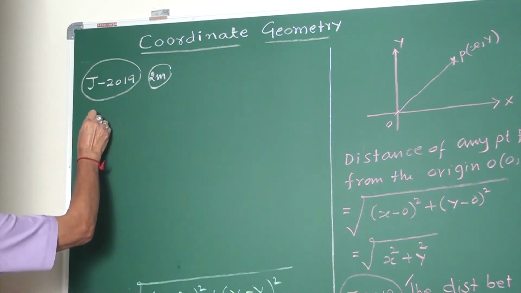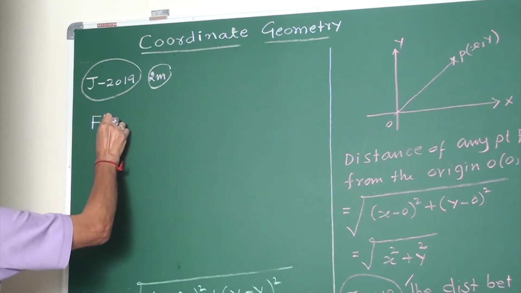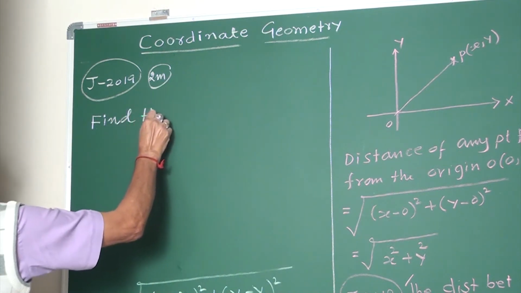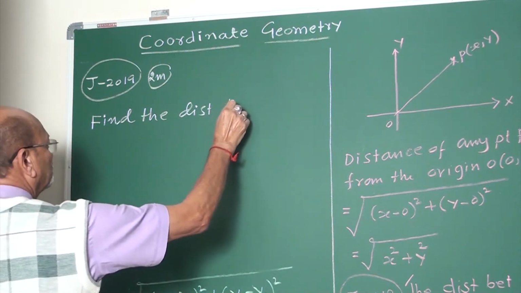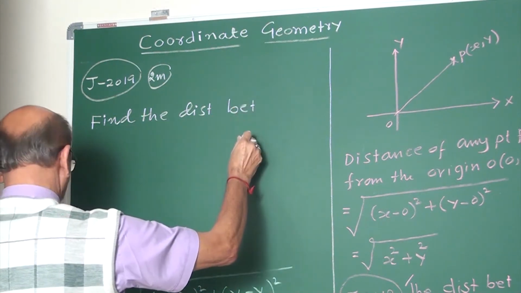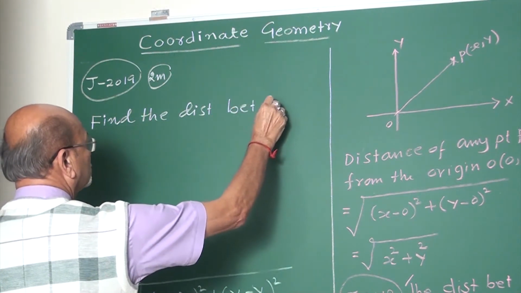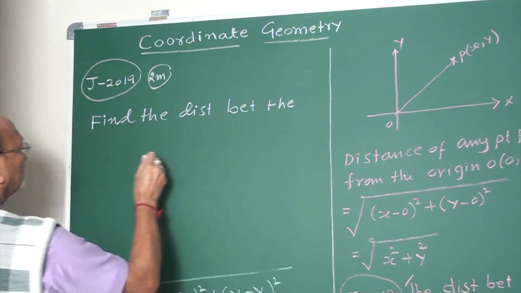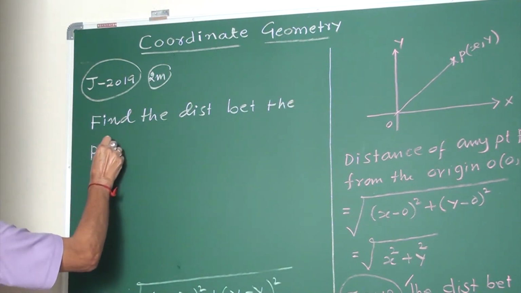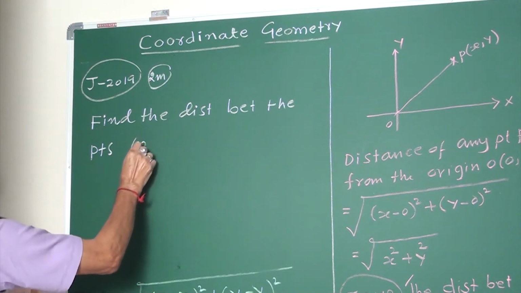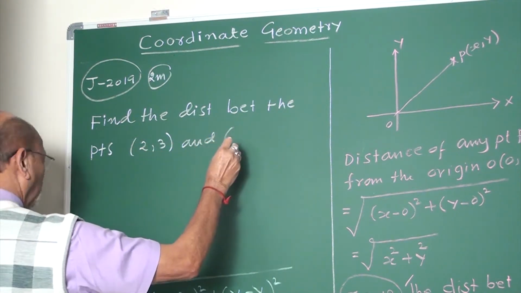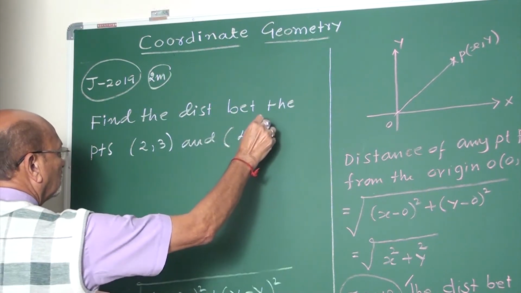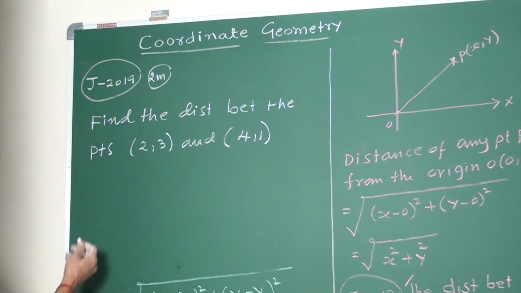Find the distance between the points 2, 3 and 4, 1. It is a 2 mark question.